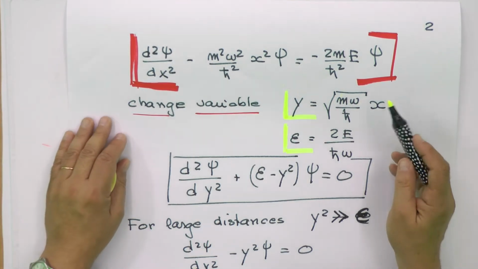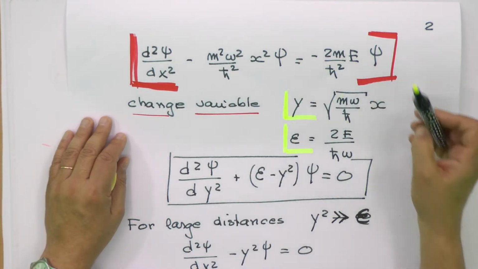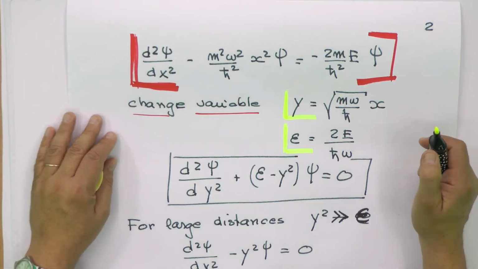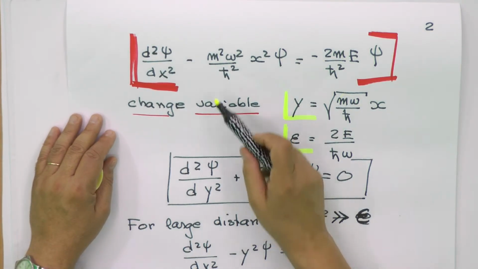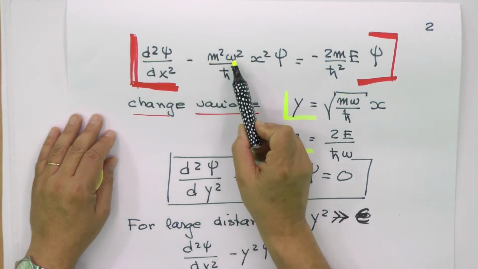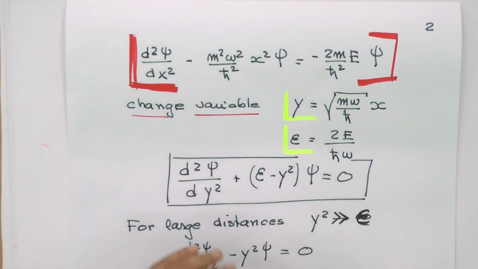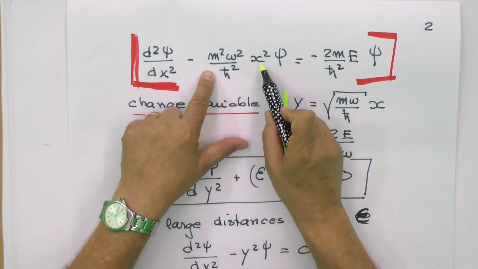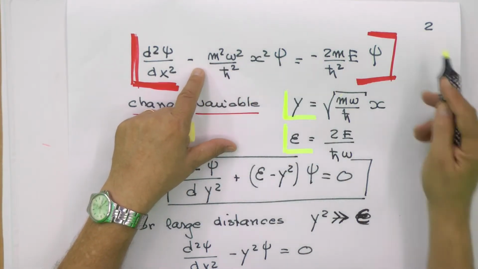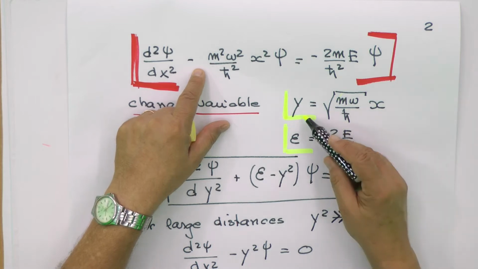Basically what we're doing here is trying to remove those constants. This is what we're trying to do. Okay? And you see here, m omega divided by h bar appears in here. So if we include it in the x, this whole thing will be something squared, which is the y.